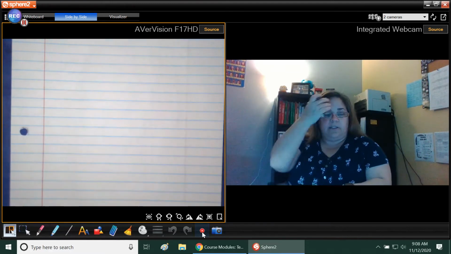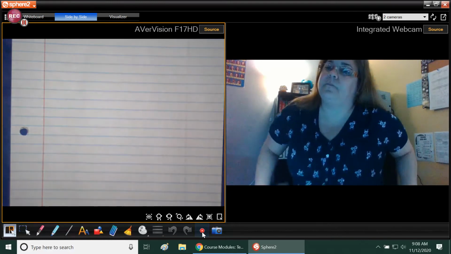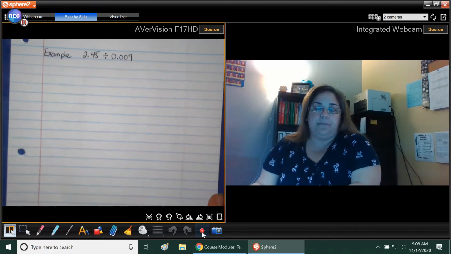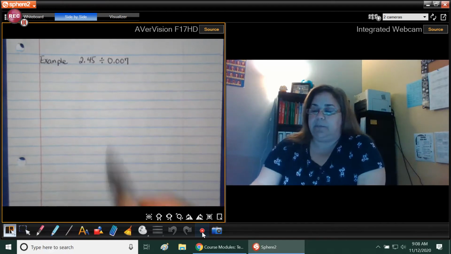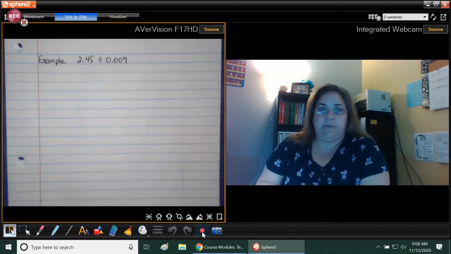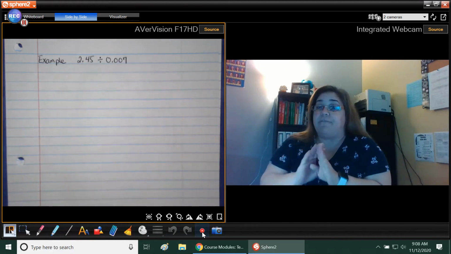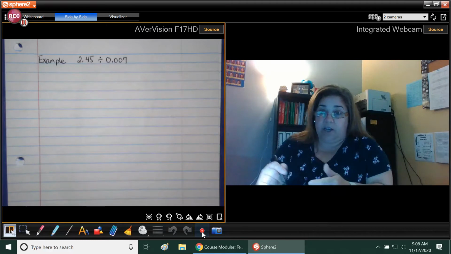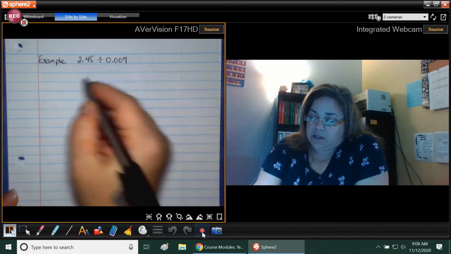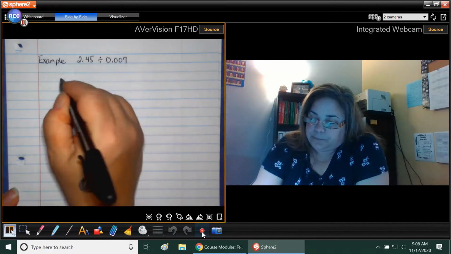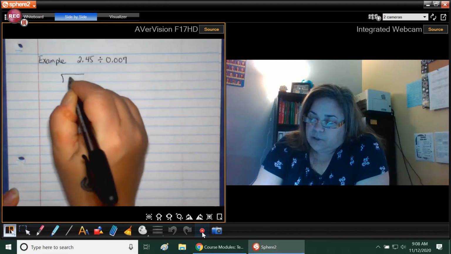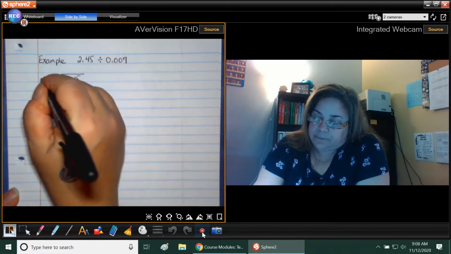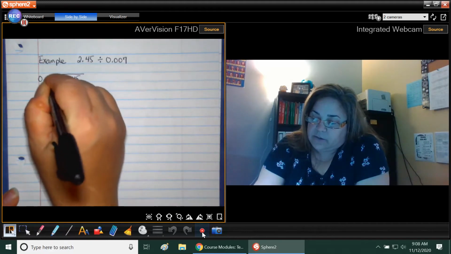Okay, so now here's an interesting problem. We have a decimal in both numbers this time, okay? But the first step is still the same. The first step is write long division. So my long division problem is 2.45 divided by 0.007.